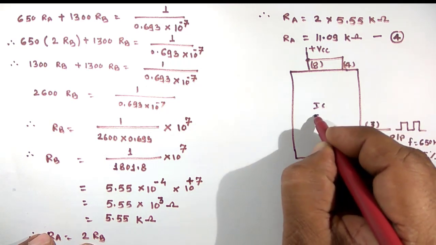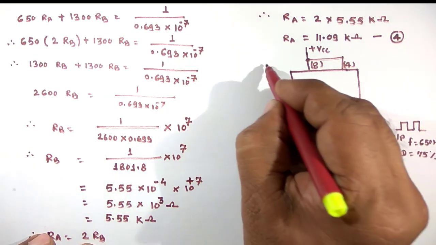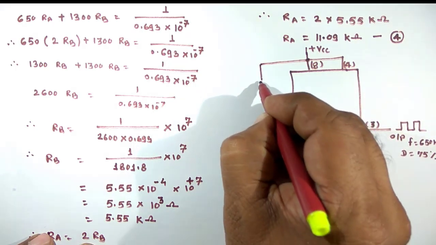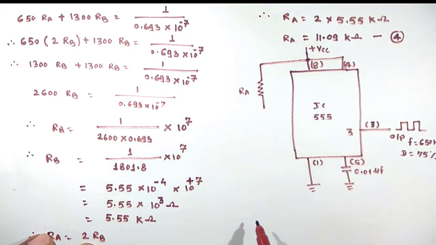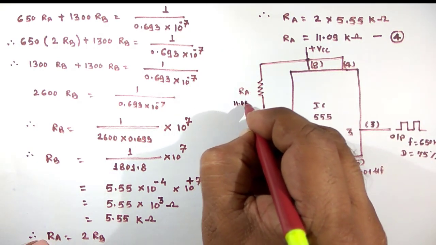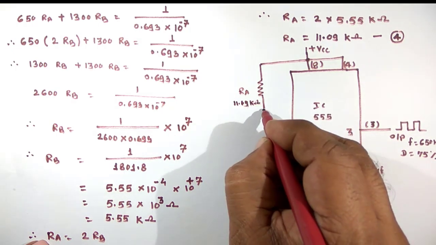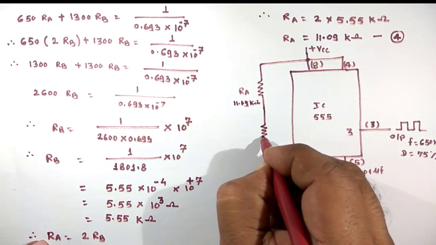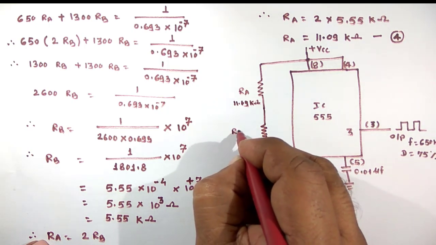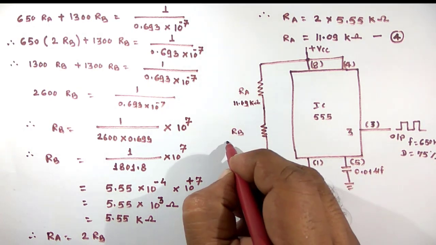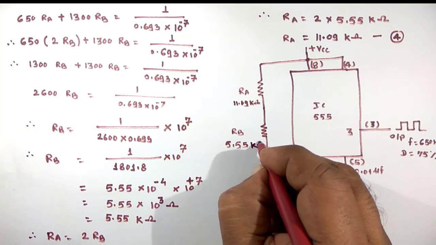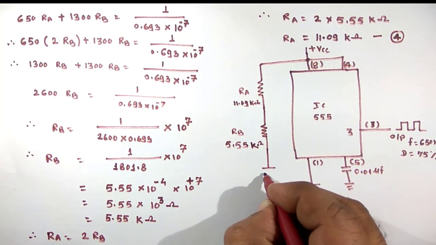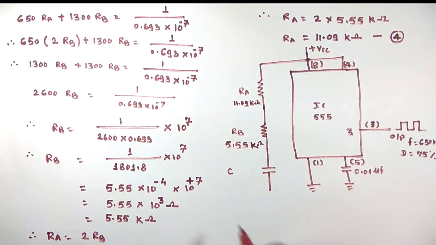This is IC 555. And now we have to draw here resistor RA having value 11.09 kilo ohm and resistor RB of value 5.55 kilo ohm, and then there will be a capacitor C and then ground.